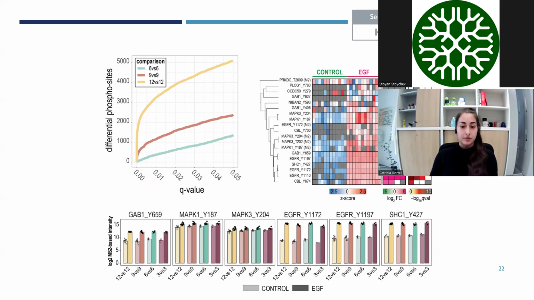But we were happy to see that when we explored relevant EGFR substrates and sites involved in EGFR signaling, these were consistently upregulated across the majority of the analyzed replicates. Although, of course, you get higher statistical significance if you use a higher number of replicates.